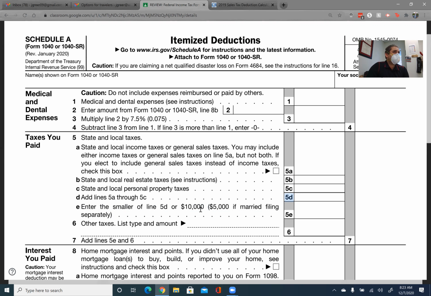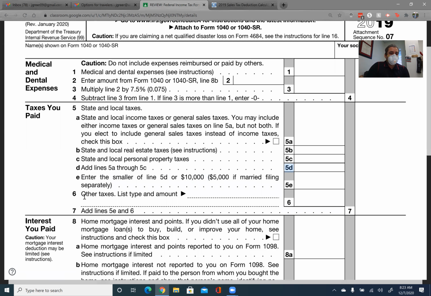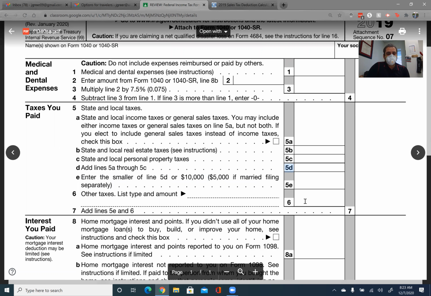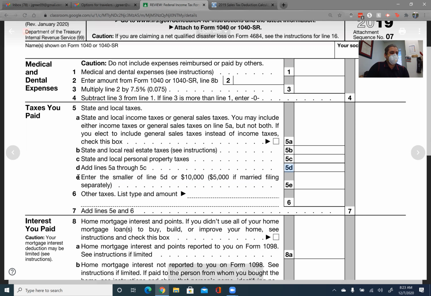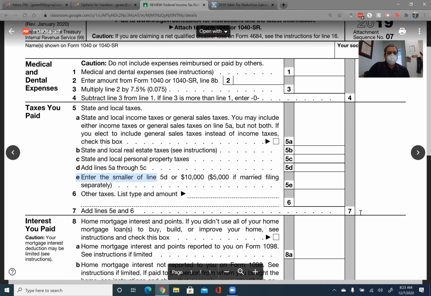Cool. Line 6, we're not going to worry about, so that's going to be 0. And then line 7 just says add lines 5E and 6. So you're going to take this amount and put that here. A lot of this is just following the instructions on the return and bringing down the numbers where they tell you to bring the numbers from.